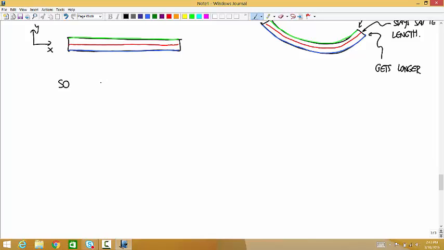So we know two things. The stress due to bending has only an x normal element, only one non-zero element.